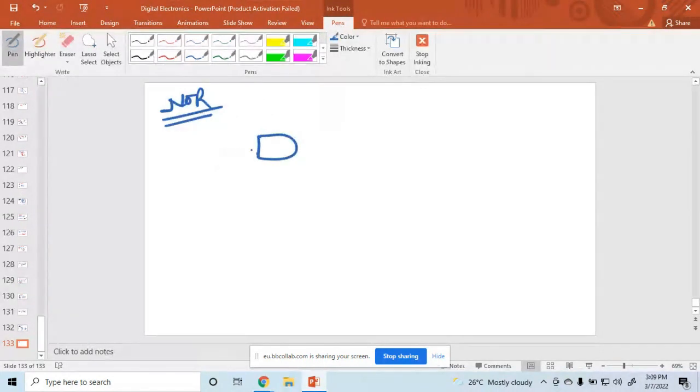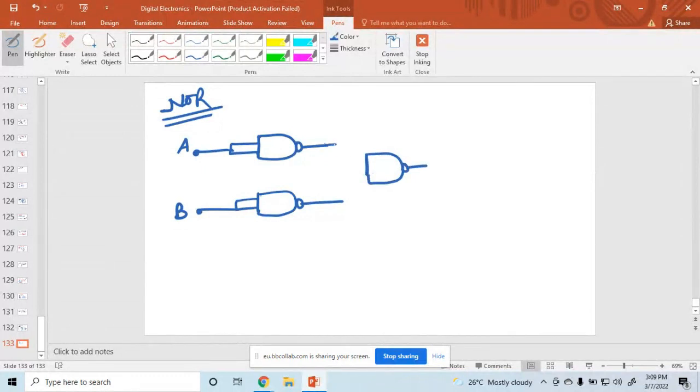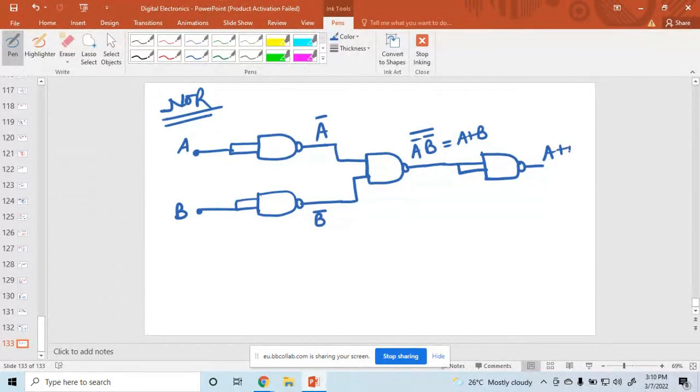One NAND gate with input A and another NAND gate with input B give A bar and B bar, and the output is (A bar into B bar) whole bar, which is equal to A plus B. Once again you connect another NAND gate, and the output is (A plus B) bar.